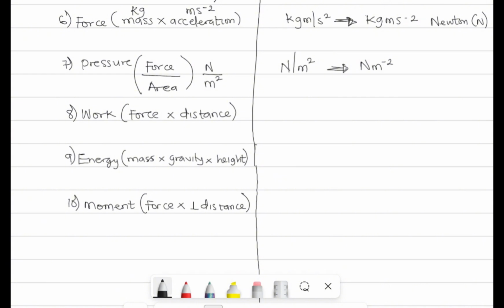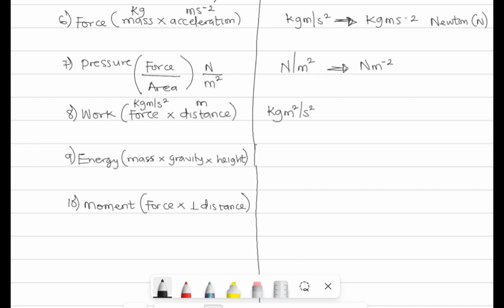Now looking at work. Work is force times distance. Remember that force is kilogram meter per second square. We did that previously. And then distance is meter. If you multiply all this, you will get kilogram, then meter multiplying meter will give meter square, and then per second square.